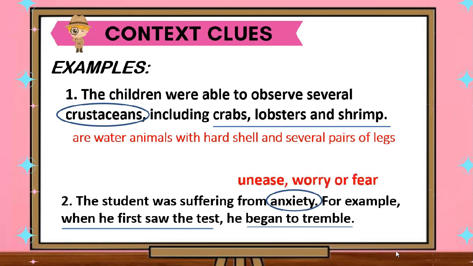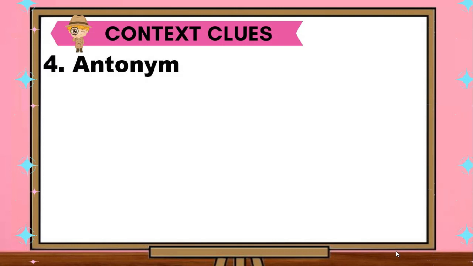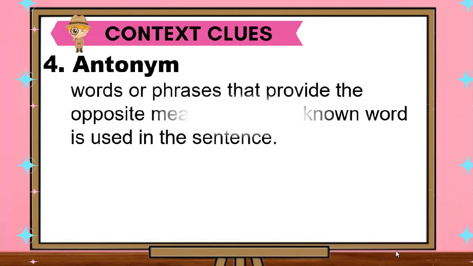Let us move on to the fourth type of context clue, which is antonym. In this type of context clue, words or phrases that provide the opposite meaning of an unknown word is used in the sentence. Sometimes, the best way to understand something is to understand what not to do or what something isn't.